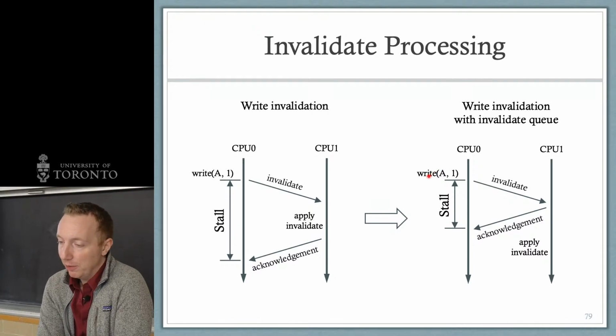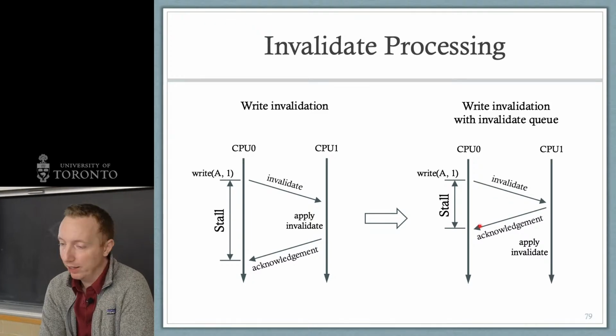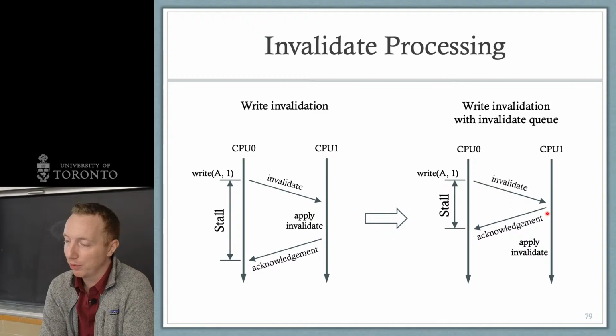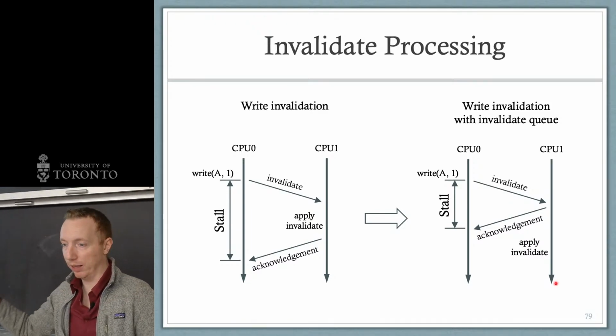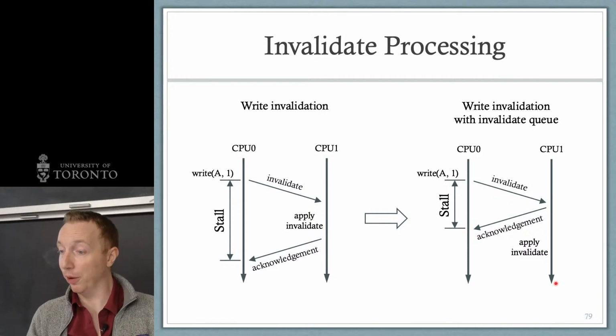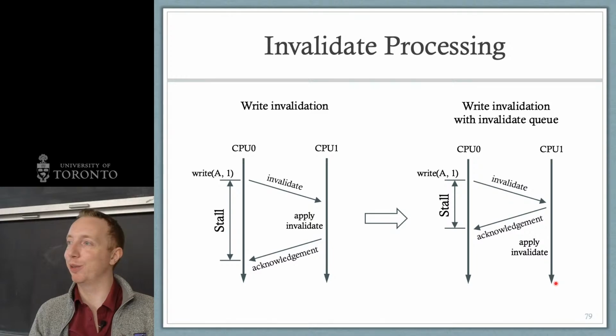So now instead, if we write to A1, we send the invalidate to the other core. It doesn't actually apply it. It just goes, yeah, sure, no problem, got it. It acknowledges it, and now we reduce our store, and then hopefully before we actually use that value, we actually apply the invalidate later. So this is what CPUs actually do, and you get to worry about it.